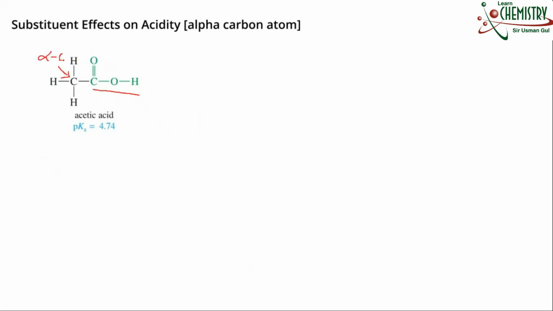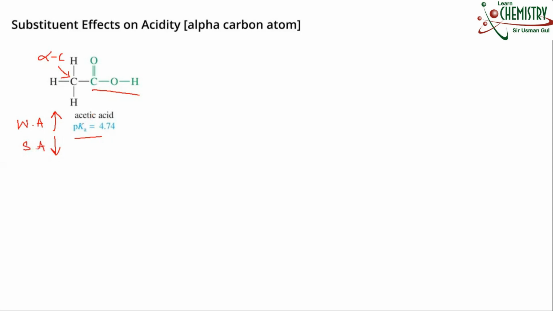First I will discuss whether acidity will increase or decrease if we change something on the alpha carbon. The value of this acid is given in pKa. For the pKa, we have to remember one point: a higher value of pKa means a weak acid, but a lower value of pKa means a stronger acid.